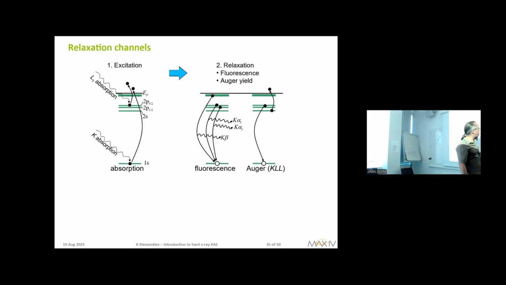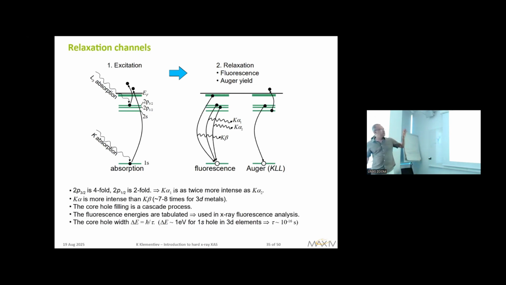Either these upper electrons emit radiation, fluorescence, that we can record, or there's also the Auger process, which is simultaneous relaxation and excitation of another electron. And then we can record these electrons as current. So we can use this picture for our purpose. We can record fluorescence or electrons also as a manifestation of the main absorption process.